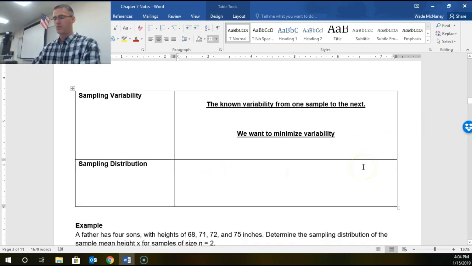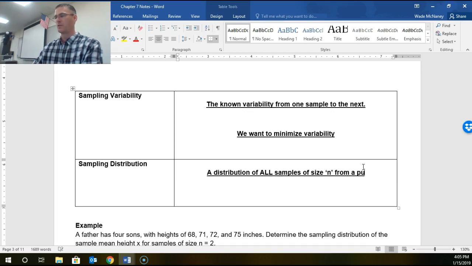A sampling distribution is a distribution of really all samples of size n from a population.